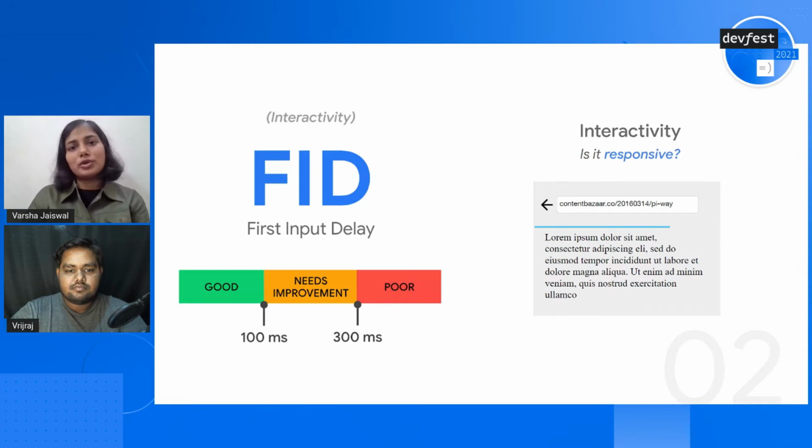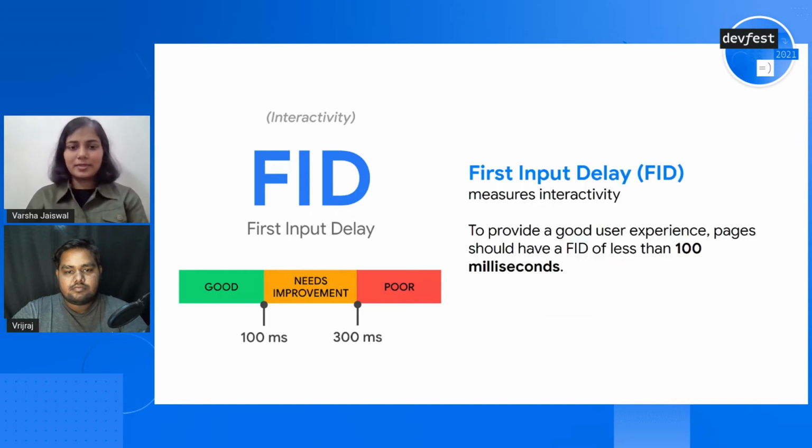But if it is taking more than 300 ms, your website rank will be poorer. And if it lies between 100 and 300, you need to improve your website. You need to improve the coding standard or whatever you have written, to rank higher in the search engine. And third is CLS, that is cumulative layout shift.